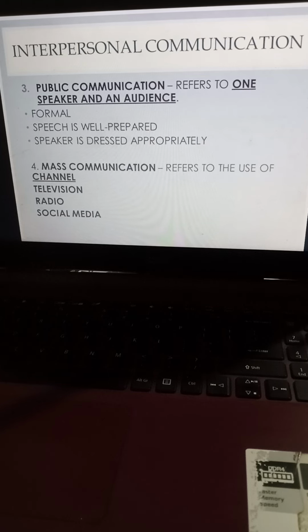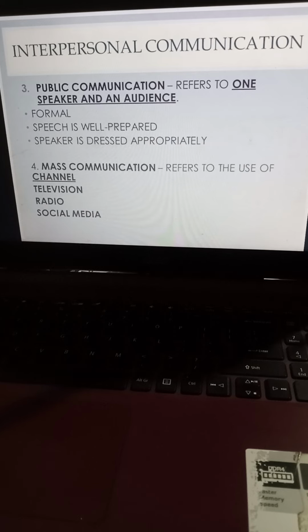This can happen when a politician is making public speeches that encourage the people to vote for them. Examples of public communication are SONA or inaugural speech, or even welcome speech. So in public communication, there's only one speaker and the audience is only the listener.